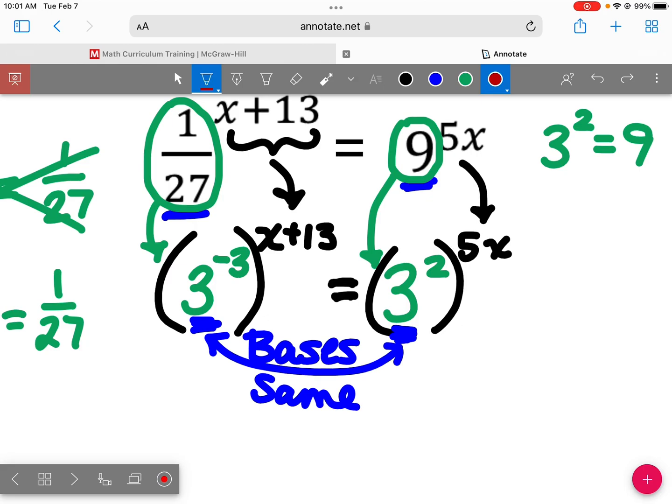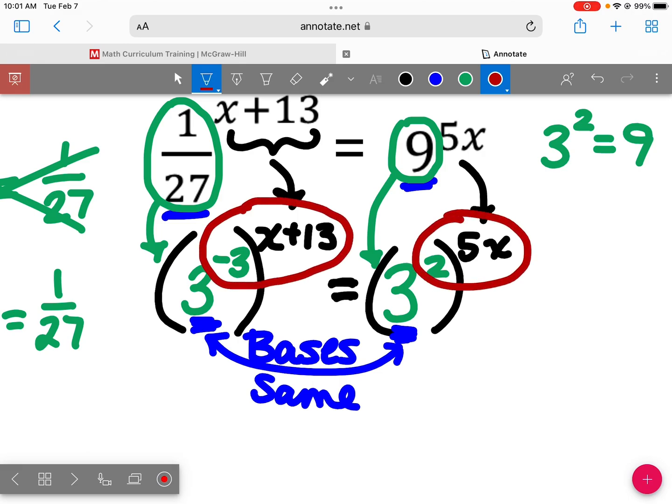Once we know those bases are the same, what else do we have that we can work with now? What else has to be the same? The exponents have to be equal. If the bases are equal, then my exponents are also equal.